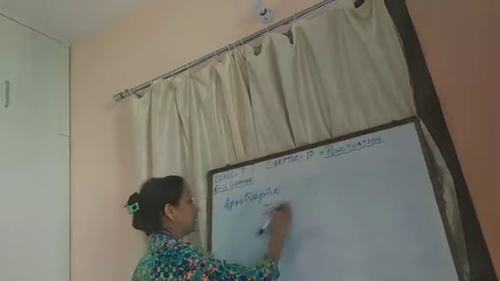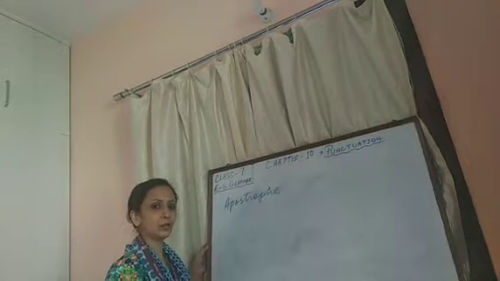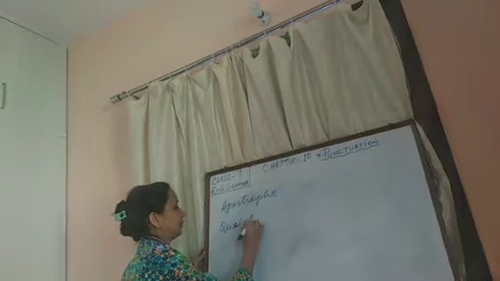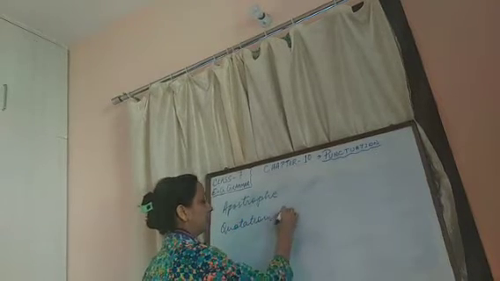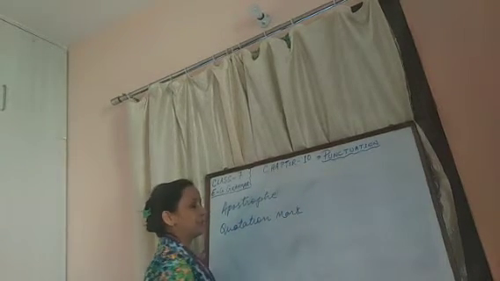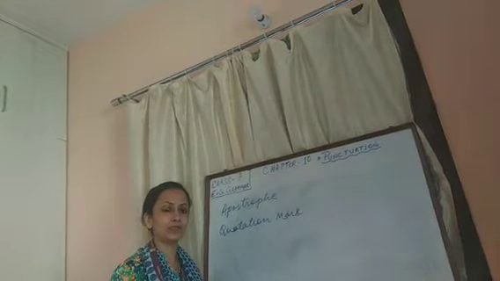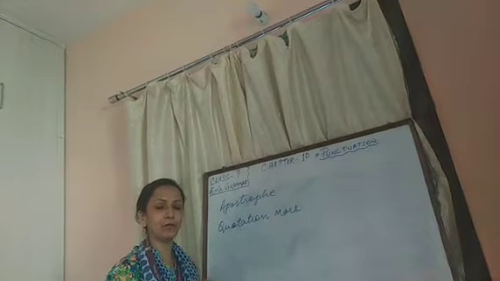Now let us see the next punctuation mark, which is quotation marks. Quotation marks are used in direct speech. When we are writing any direct speech in any writing passage or stories, we use quotation marks to show the dialogues of the speaker.